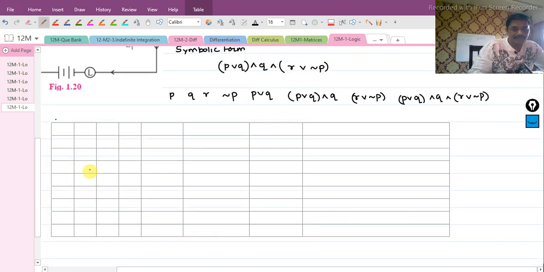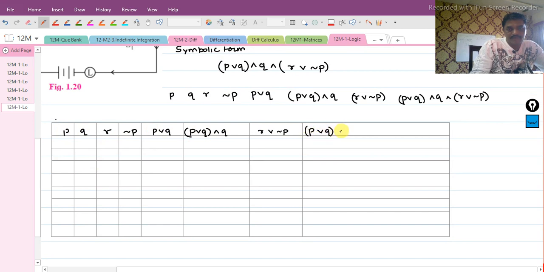Let's write down. It's going to be P, Q, R, negation P. This is P or Q. P or Q, it's ANDed with Q. This is R or negation P. This is P or Q and Q and R or negation P. Well, let's write down.